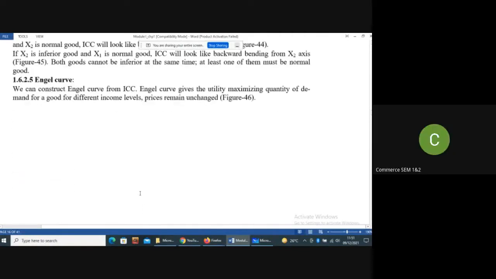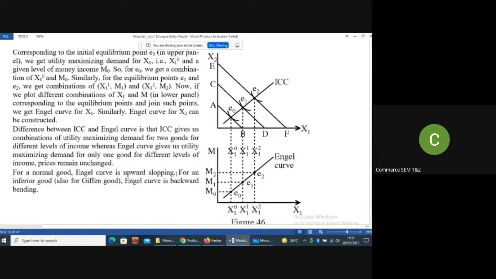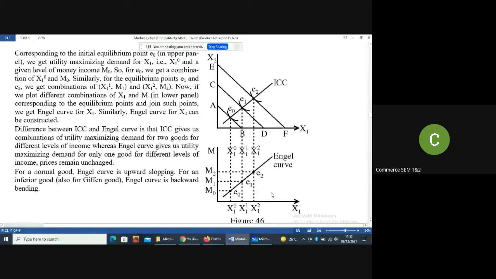Now the Engel curve. So we have seen how an ICC curve can be drawn. Now here in the lower panel, we are measuring amount of X1, commodity 1, and on the vertical axis we are measuring money income, not commodity 2. Here in the upper panel we are measuring commodity 2.